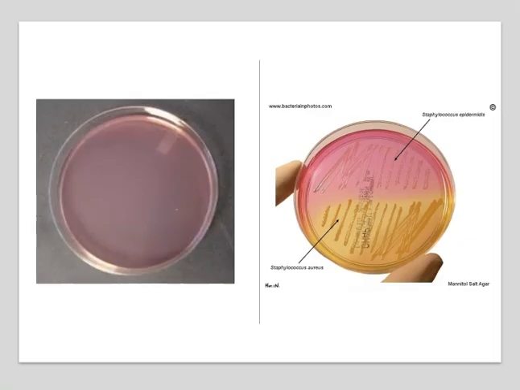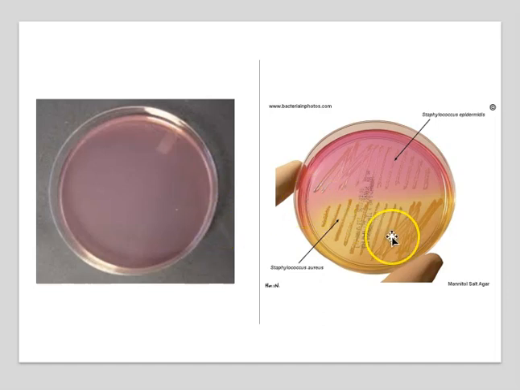On this slide, over on the left, we can see an uninoculated MSA plate, mannitol salt agar plate. It has this pinkish color to it because the medium has phenol red indicator dye in it.